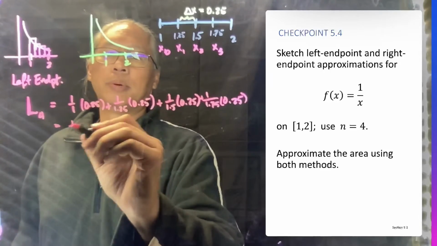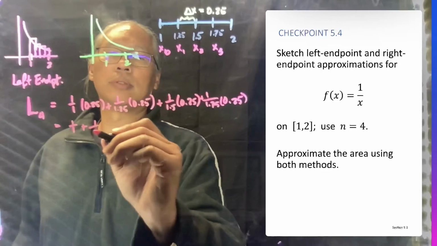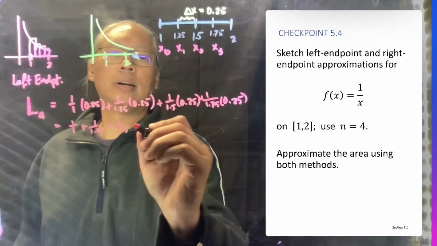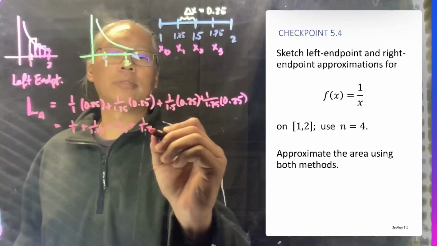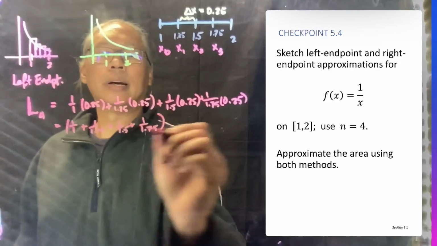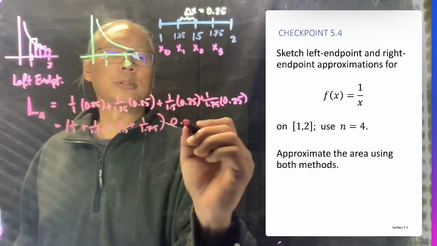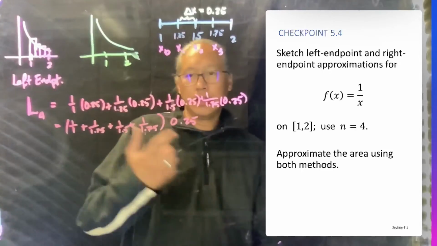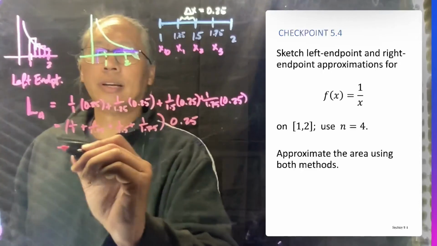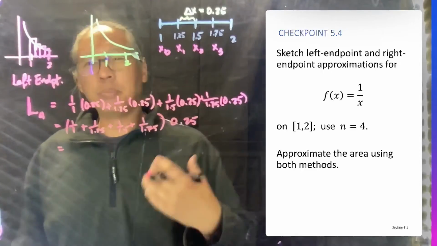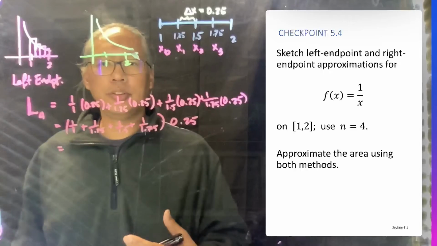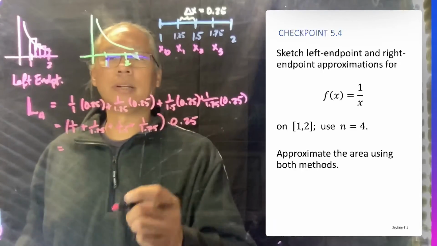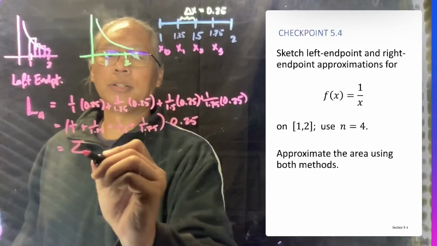This is just going to be 1 over 1 plus 1 over 1.25 plus 1 over 1.5 plus 1 over 1.75, and all that times the delta x, 0.25. All right, so that's another way of writing it, and an even better way, more compact, though it gives you fewer chances to solve for it if you were going to actually compute it, is to use summation notation.